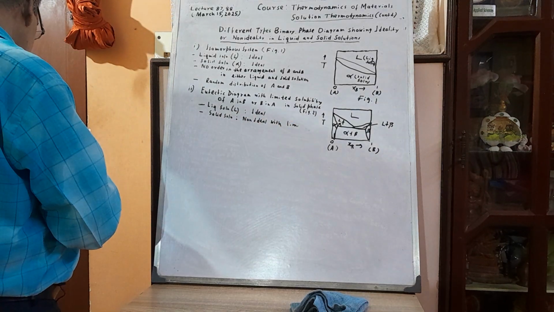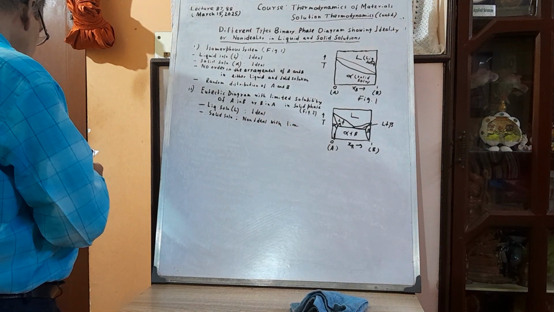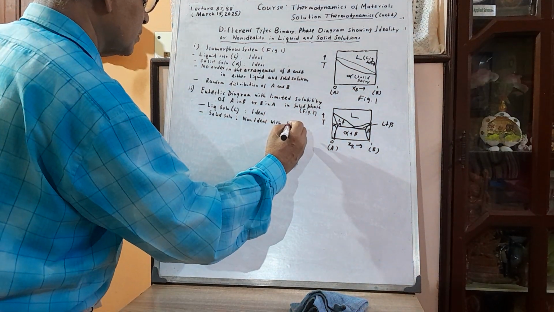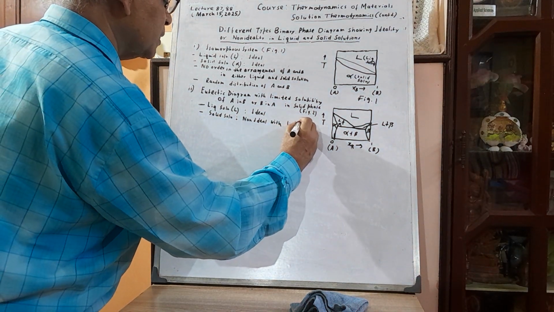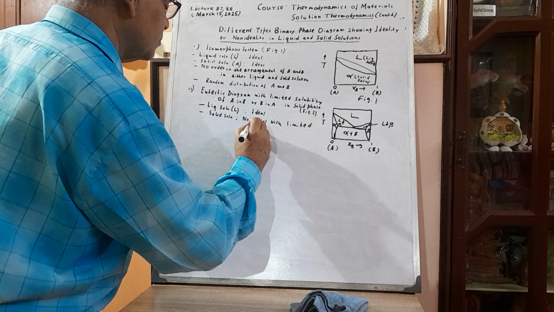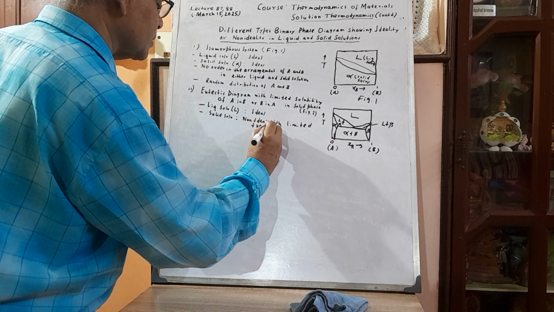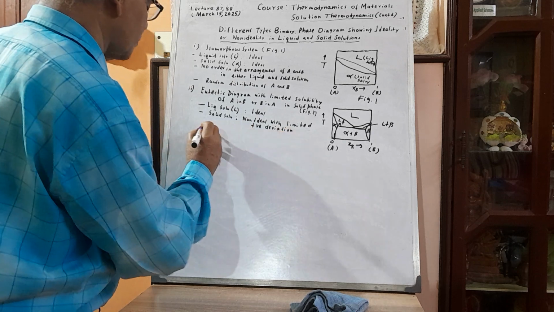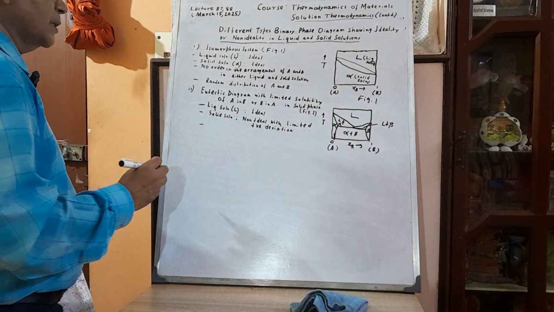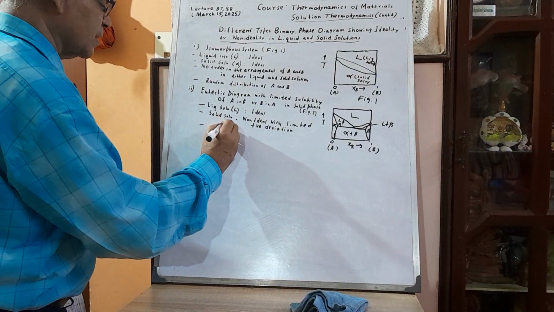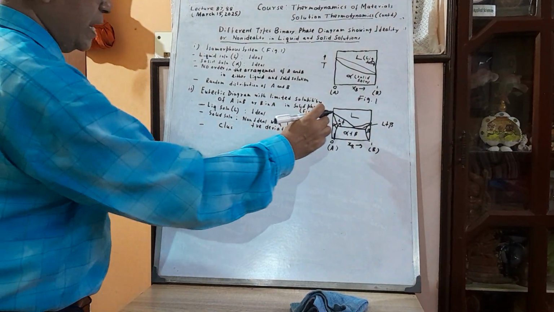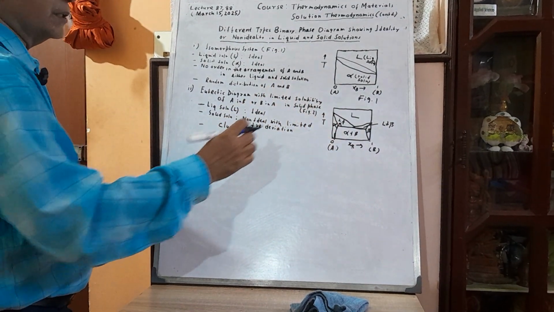The result is clustering: clusters of A and clusters of B, A enriched and B enriched.